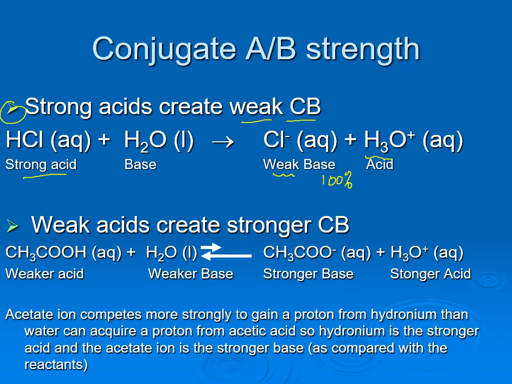So for a variety of reasons, we start with strong over here, and we end with weak over here, very weak. The stronger you start out with, the weaker you end up with. So it's very much like a teeter-totter, like a seesaw, if you will, as far as a visual. Well, weaker acids can create stronger conjugate bases. So now let's consider acetic acid. This is acetic acid.